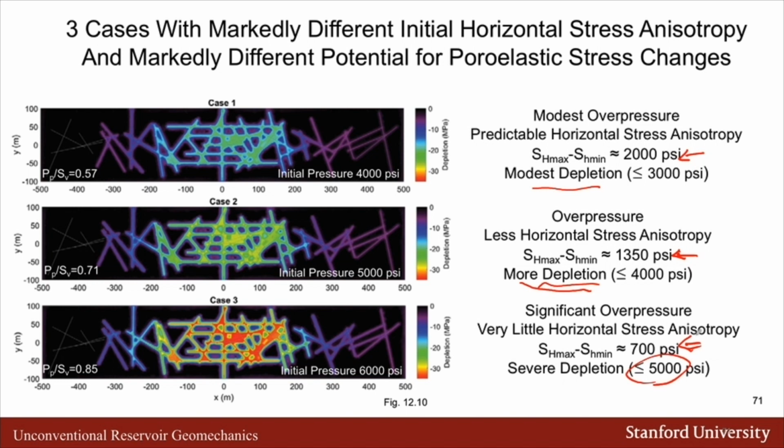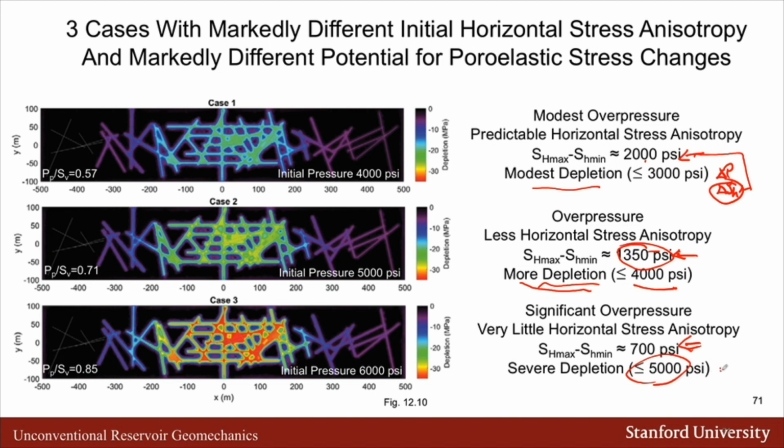So if we think about this in terms of poroelasticity, we have a relatively small delta P. So we have a relatively small delta S, and that's superimposed on a relatively large stress anisotropy. Here, we have a larger delta P, and we have, therefore, a larger delta S, and it's superimposed on a smaller stress anisotropy.